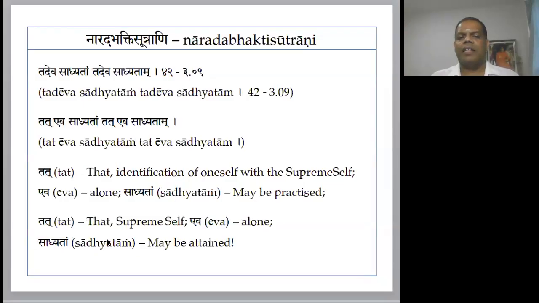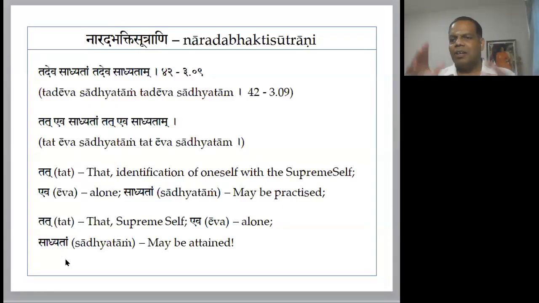The second tat is, so the sadhyatam has multiple meanings. One is practicing, doing sadhana, is also sadhyatam. But sadhyatam also means to accomplish something, siddhi, to attain, accomplish. So what should be attained? What is worthy of being attained? Which is God.